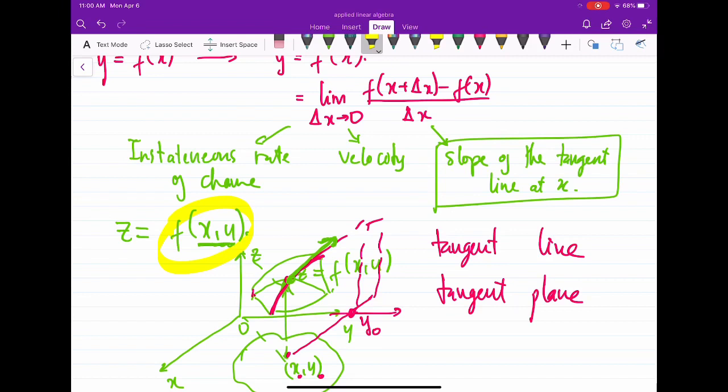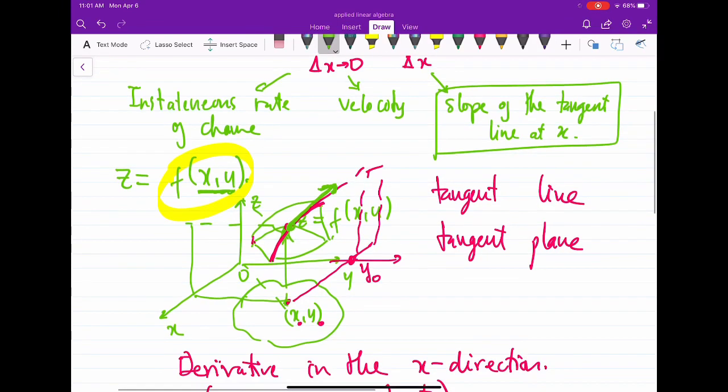Similarly, you can consider the partial derivative of this function with respect to y when you fix x. Make sense? You fix x right here, and you have some plane which is perpendicular to the x-axis, and you consider the intersection between that plane and the surface.